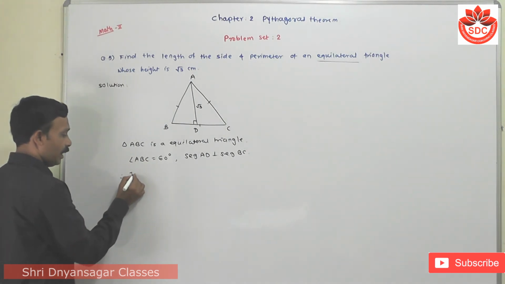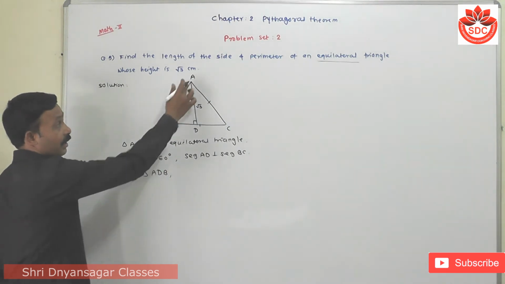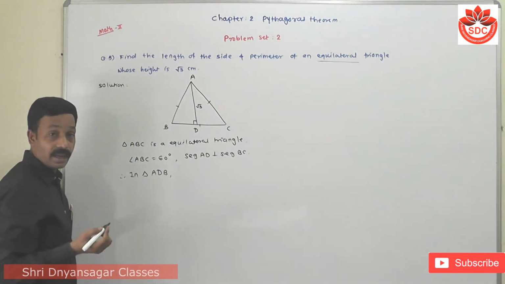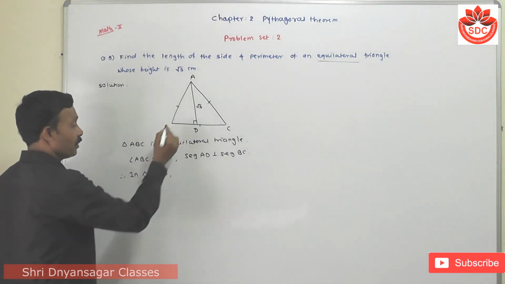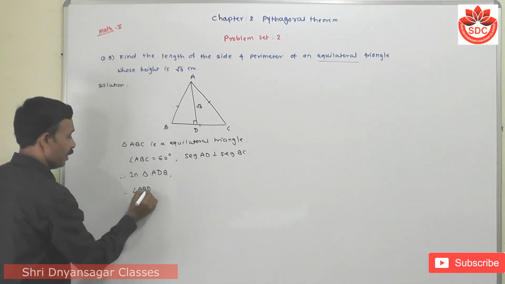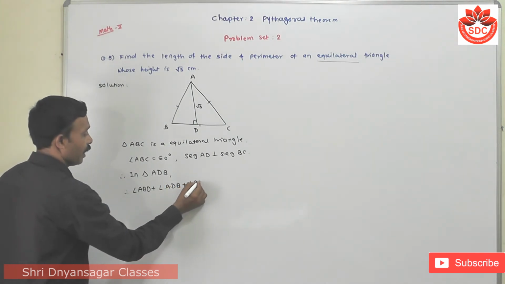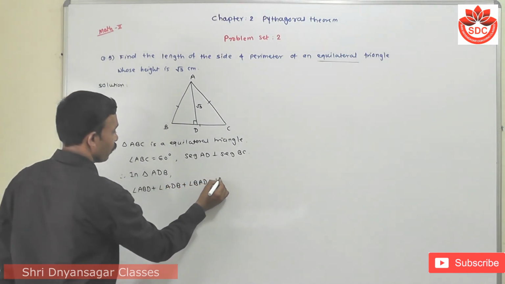Therefore, we take triangle ADB. Sum of all angles of a triangle is 180 degrees. We use this property or theorem, which means angle ABD plus angle ADB plus angle BAD is equal to 180 degrees.